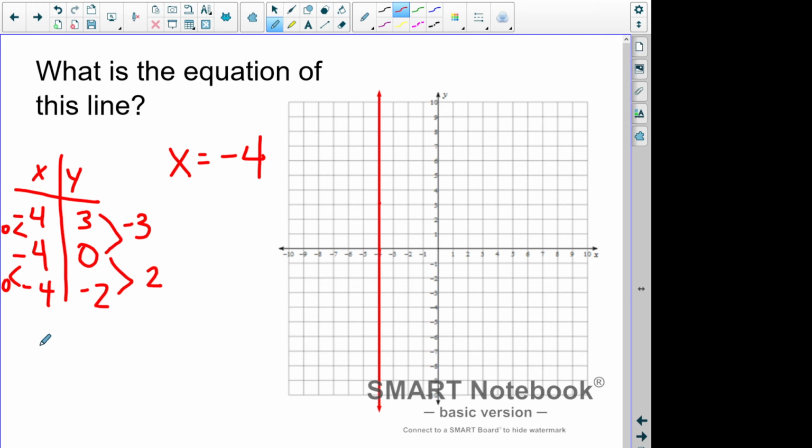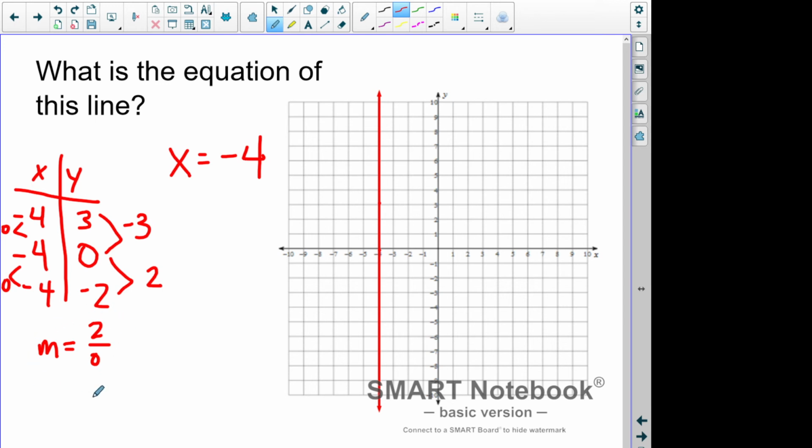So if I want to talk about my slope right here, every time my y value changes by 2, my x value is going to change by 0. Or if my y value changes by negative 3, my x value is going to change by 0.